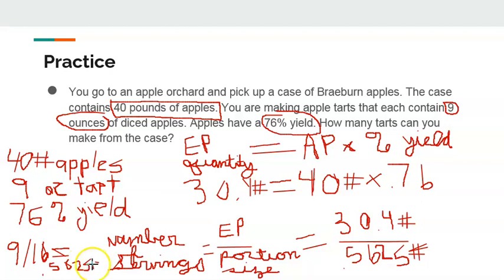So once we divide 30.4 by 0.5625, that gives us 54. So we can make 54 tarts from the case.